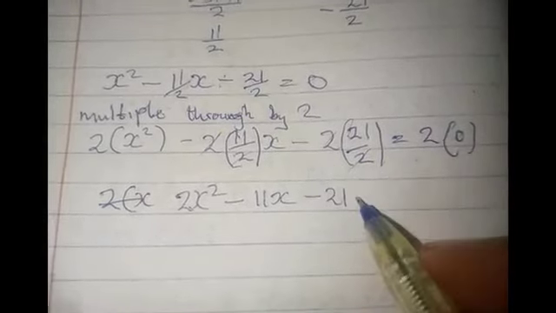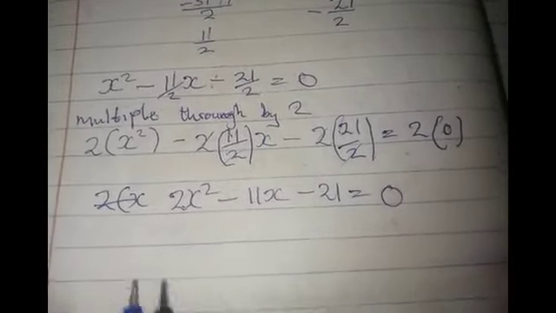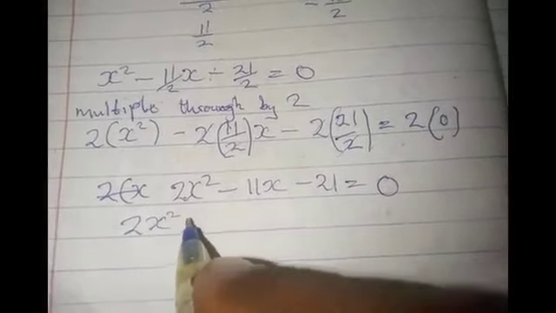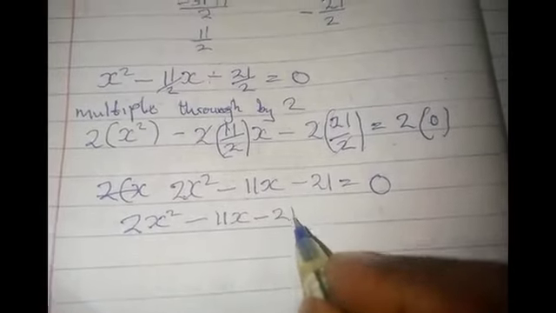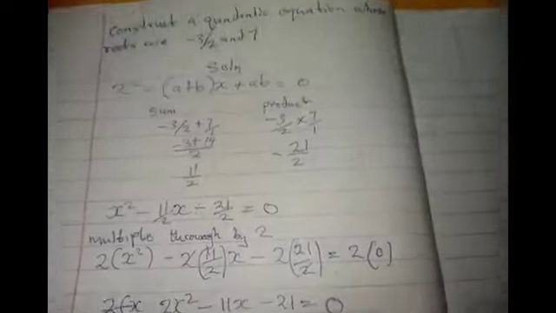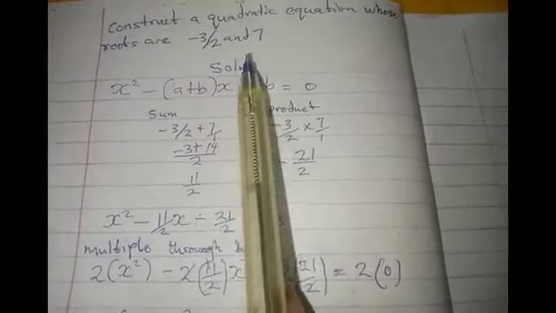Anything multiplied by 0 is equal to 0. So now we have our equation, which is 2x squared minus 11x minus 21 equal to 0. So this is the equation whose roots are minus 3 over 2 and 7.